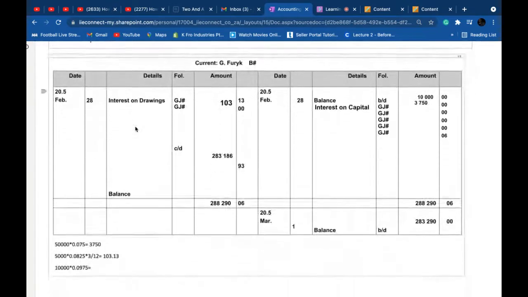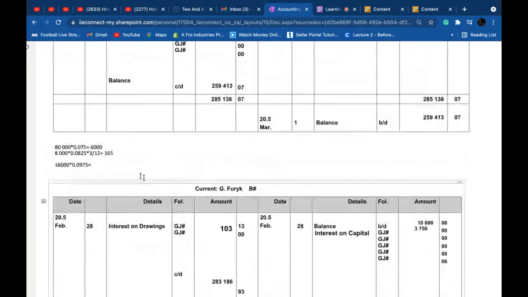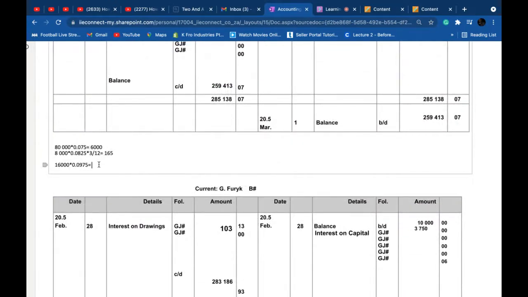What amounts are we getting there when we calculate? For G, 975. And for Unashi, 1,560.